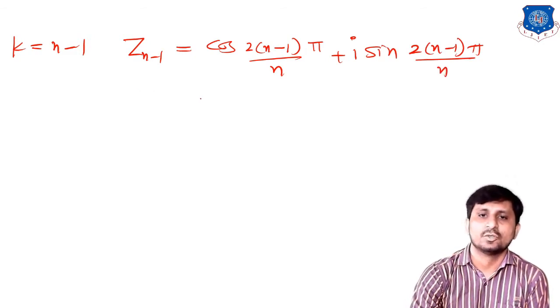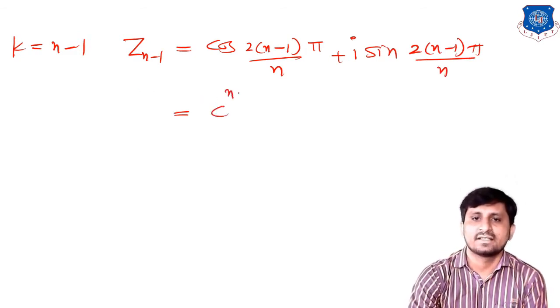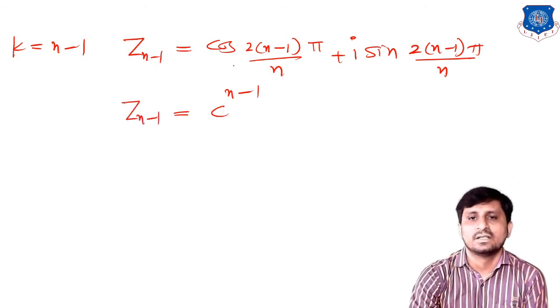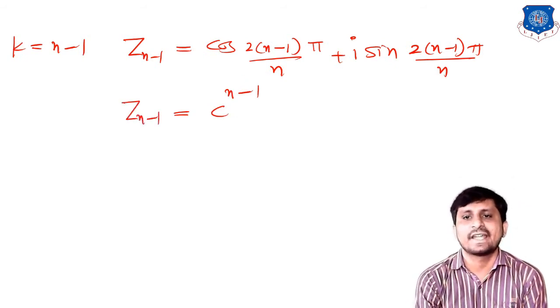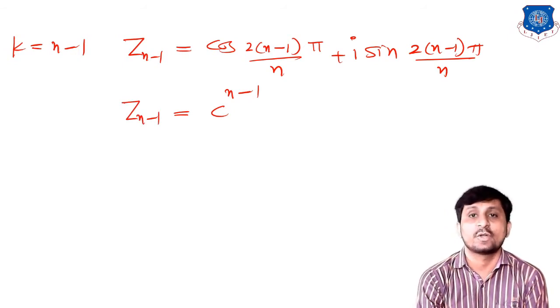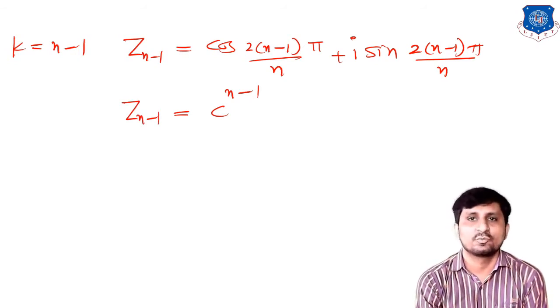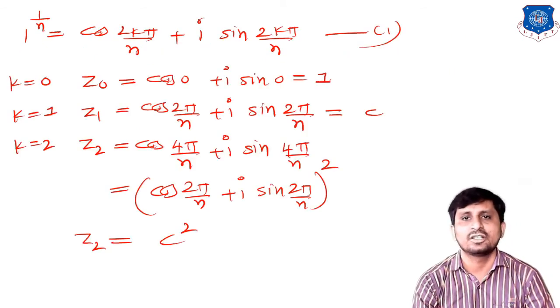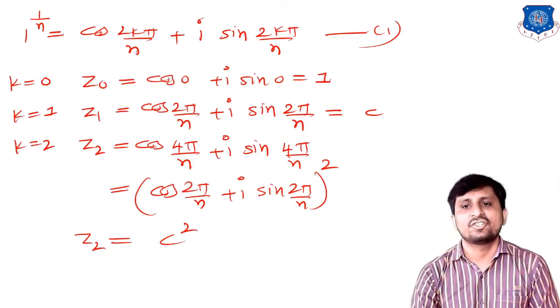So that is equal to c raised to n minus 1. Okay, because this can be written as cos 2 pi by n plus i sin 2 pi by n raised to n minus 1. And we know that cos 2 pi by n plus i sin 2 pi by n is exactly c. So c raised to n minus 1. Okay, and now clearly you can see that all the roots of unity are in geometric progression.